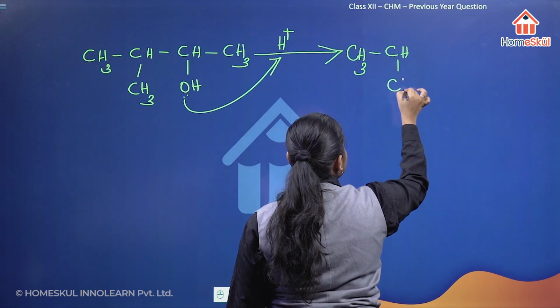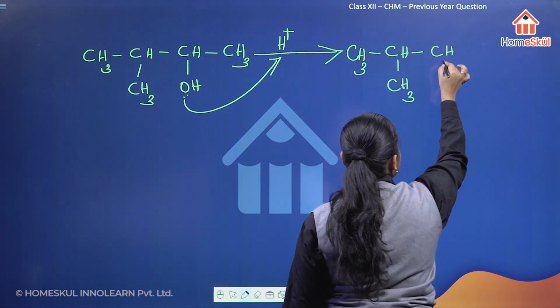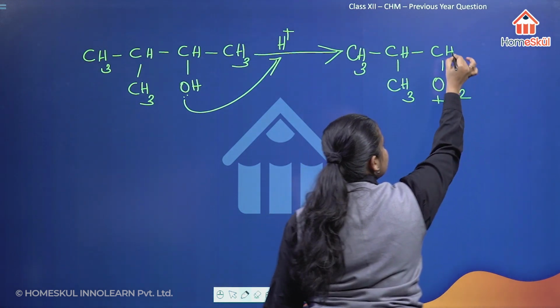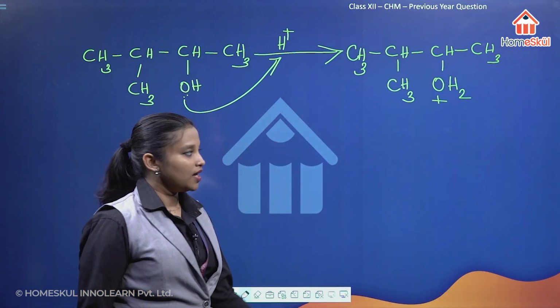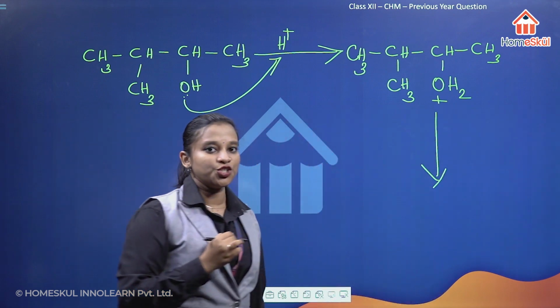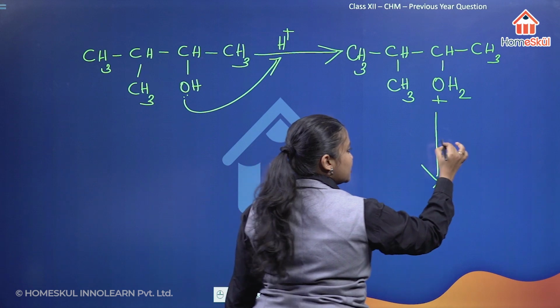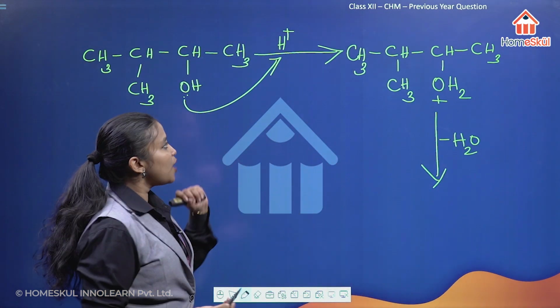And here forms CH3CH(OH2 plus)CH(CH3)CH3. Okay, the next step is elimination of H2O molecule. Okay, H2O molecule is eliminated from here and that will result in a formation of a carbocation.